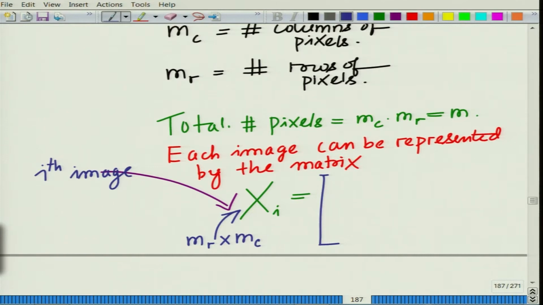So, each image Xi is essentially a matrix. An image is essentially a two-dimensional signal which contains a certain number of rows and columns containing the pixel values.